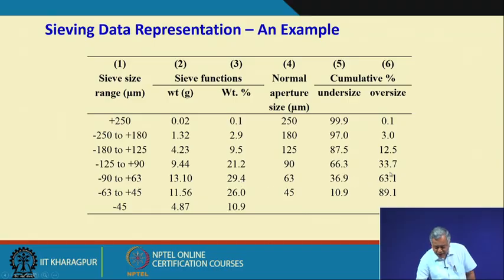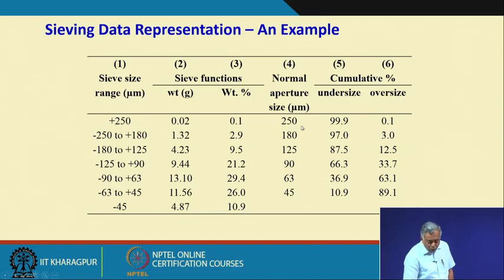So exactly 63.1% of the material will be retained, and how much will pass at 63? It is 100 minus 63.1, that is 36.9%. So if you add them together in any row, that should be exactly 100.